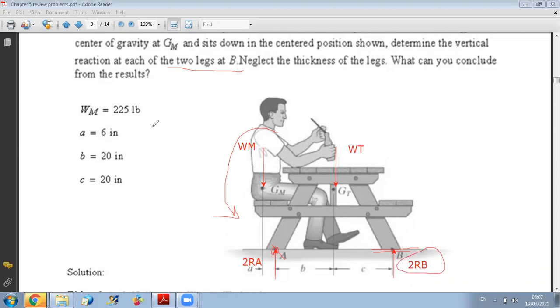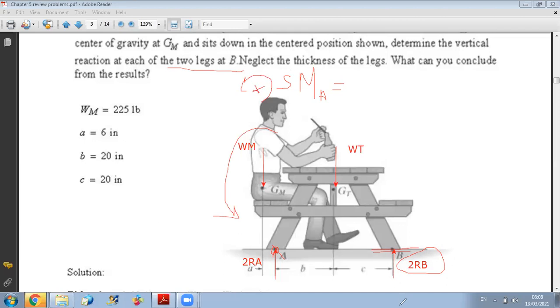Okay, so let us write the equation of sum of moments about A. I will take the counterclockwise direction as positive.